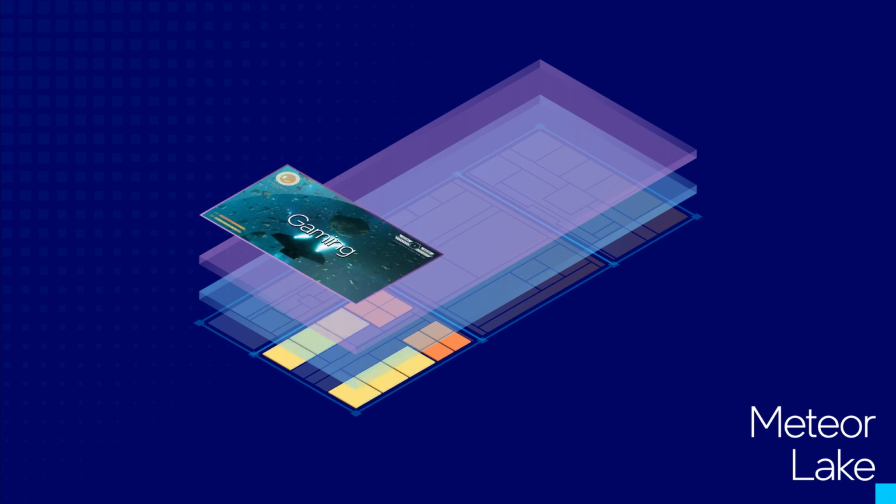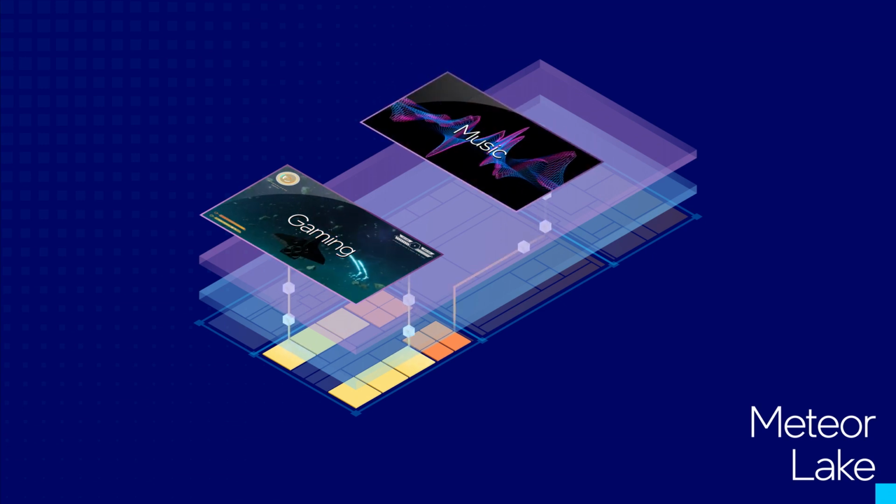High priority application in user's foreground that needs responsiveness, such as games, will be executed as quickly as possible on P-cores to ensure that user gets that snappy experience. Because the compute tile is already on, we can schedule new background tasks like audio playback on the compute tile E-cores.